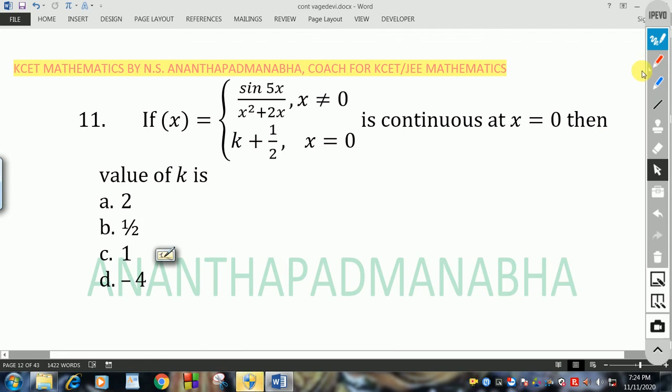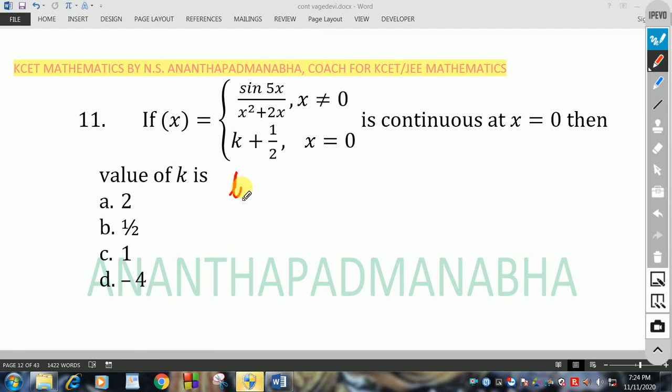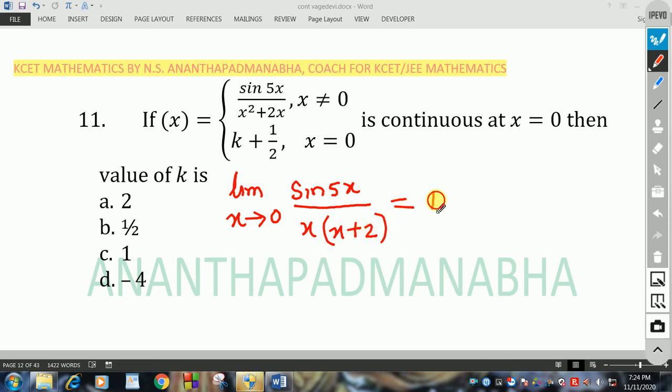So again we will use the definition. So we will apply the limit here as x approaches 0, that is limit as x approaches 0 of sine 5x divided by, I will take x common so that I have x into x plus 2, which is equal to k plus 1 by 2.